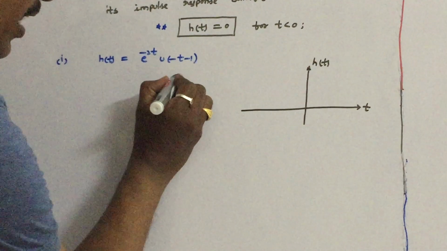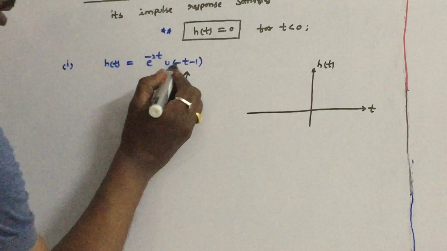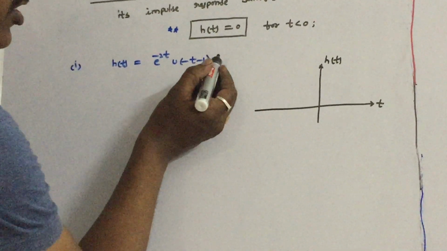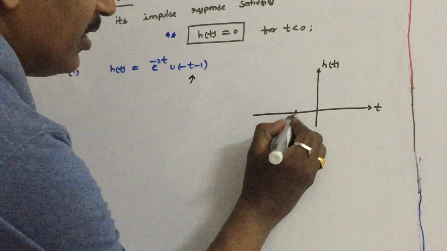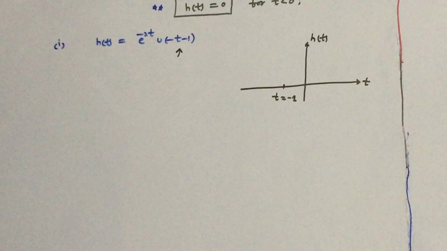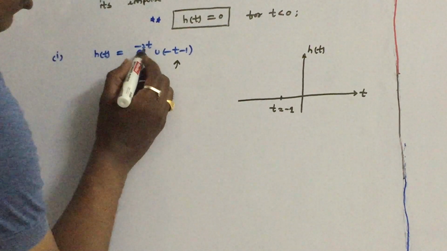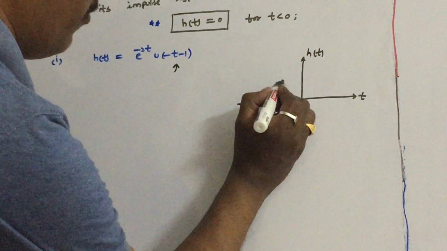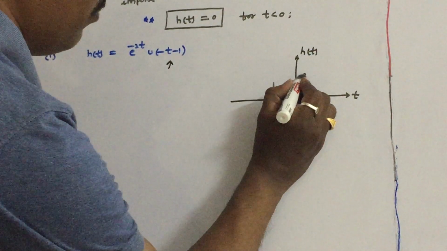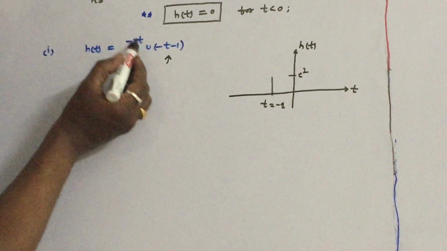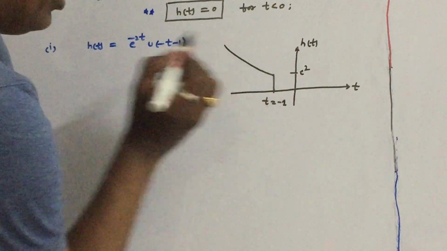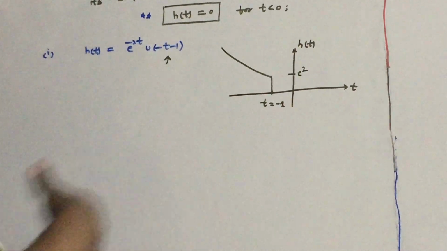Because of minus t, the unit step is time reversed. Because of minus 1, this step starts at t is equal to minus 1 and goes towards the left side. At t is equal to minus 1, the amplitude of the signal will become e square. By the time t is equal to minus infinity, its amplitude reaches infinity. So this is the nature of the graph of h of t.